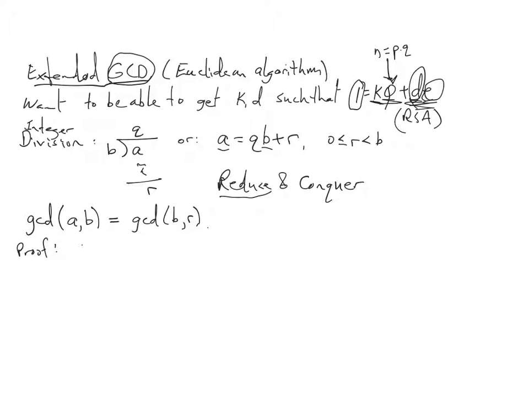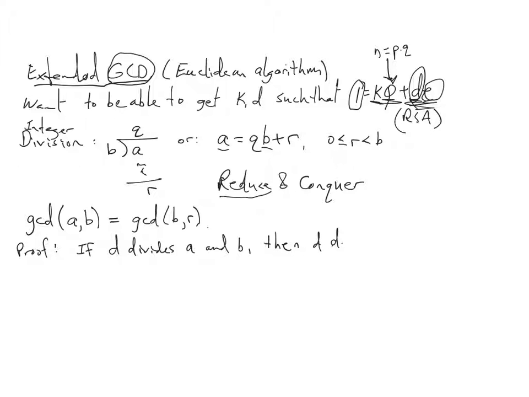So if D divides A and B, then clearly D divides B. Oops. I better clean that up. Sorry. All right.